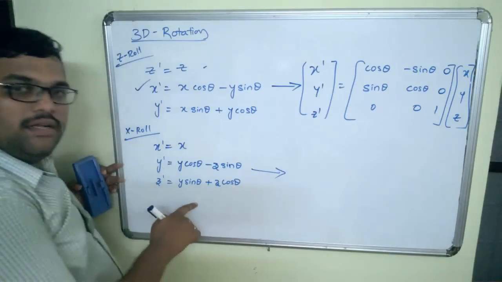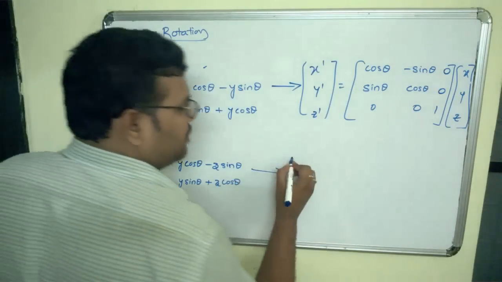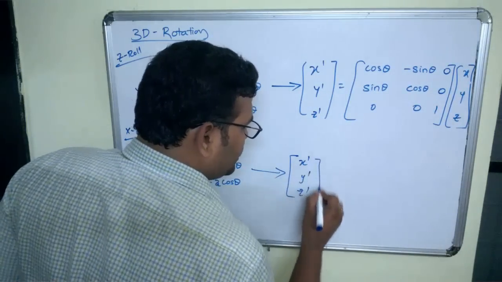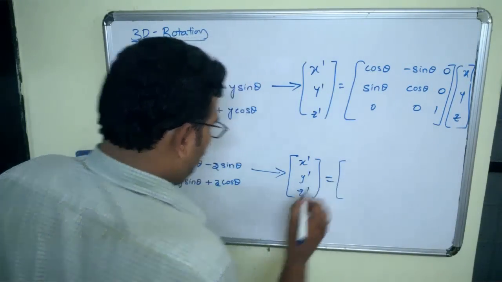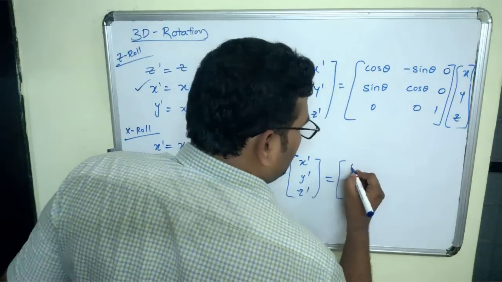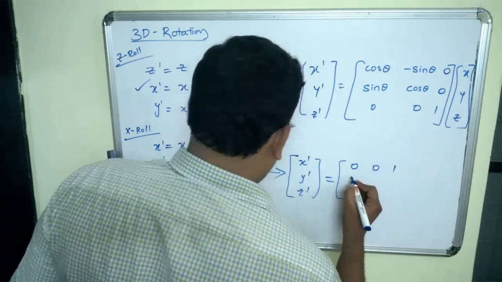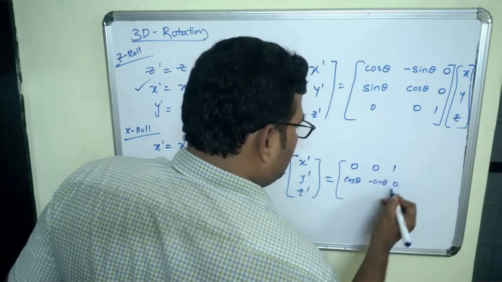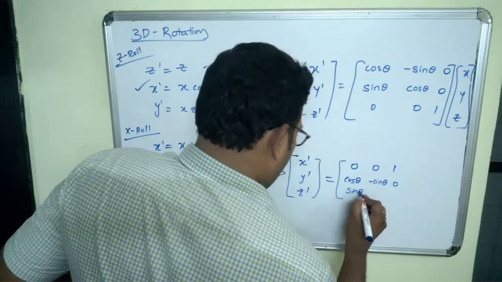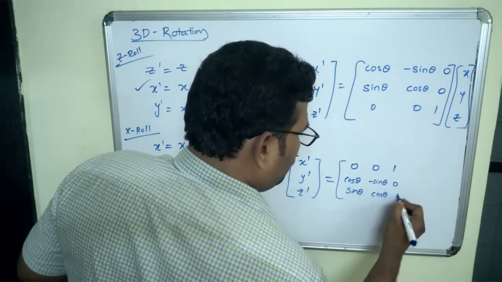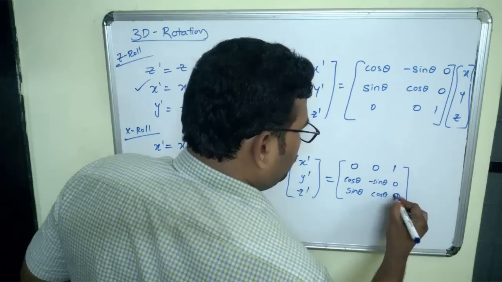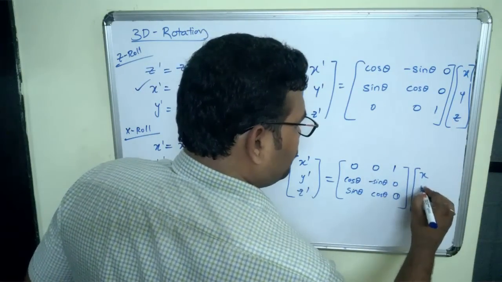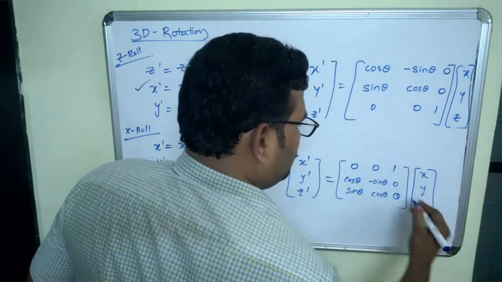And if we represent this formula in a matrix representation, we can represent it as x dash, y dash, z dash is equal to, so x is similar, so 0, 0, 1, then cos theta, minus sin theta, 0, sin theta, cos theta, 1, 0, into x, y, z.